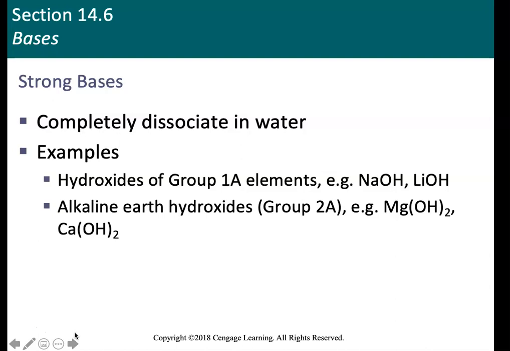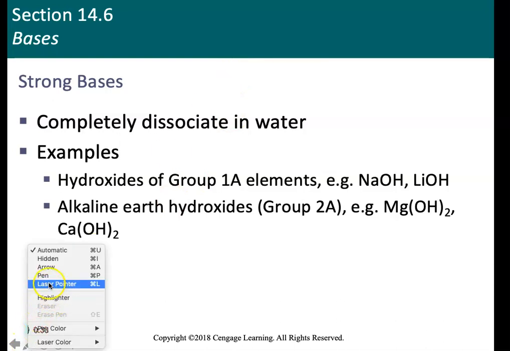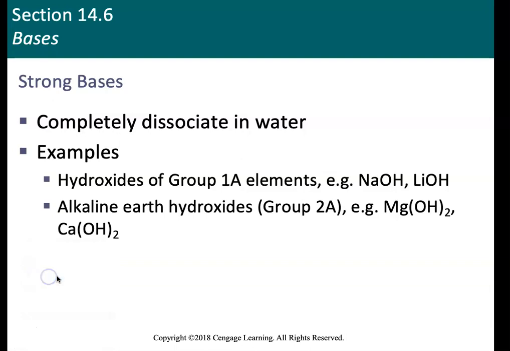What we say bases are, from the Bronsted-Lowry definition, proton acceptors, and from Arrhenius' definition, OH source. Okay, OH or proton acceptor.